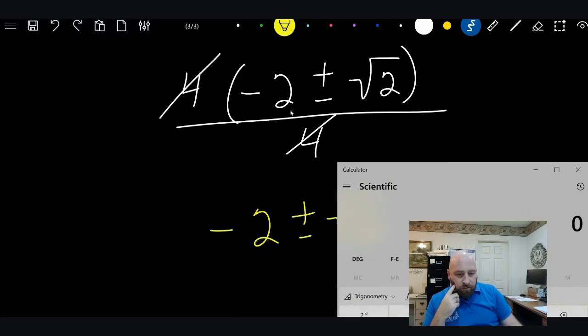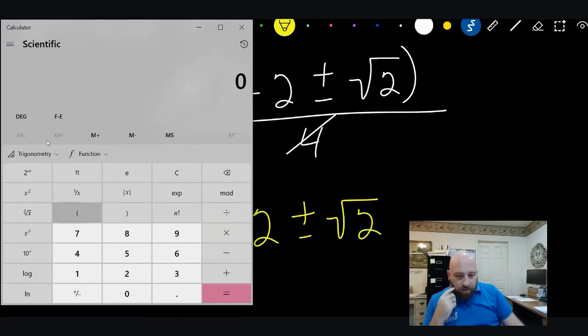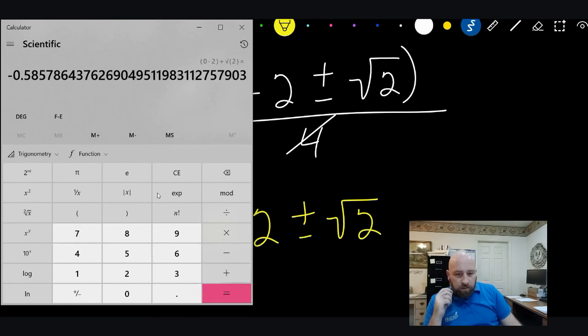You can't really see it there, but it is negative 2. So I've got to put my negative 2 in parentheses. We're going to do this 2 times, once for the plus value and once for the minus value. So I would say plus the square root of 2, equals.